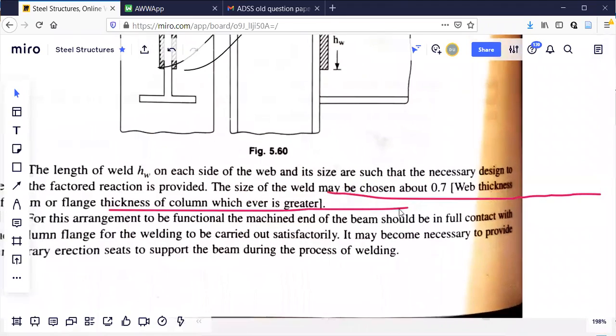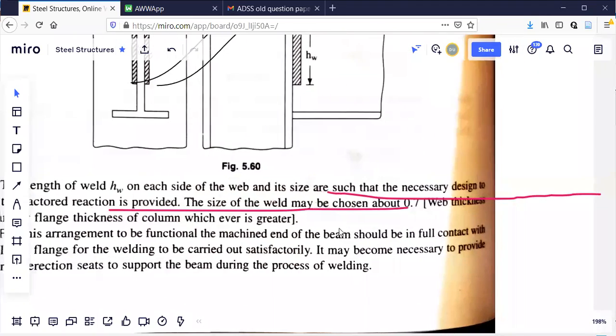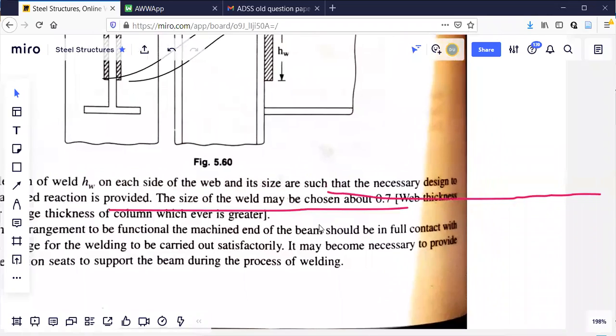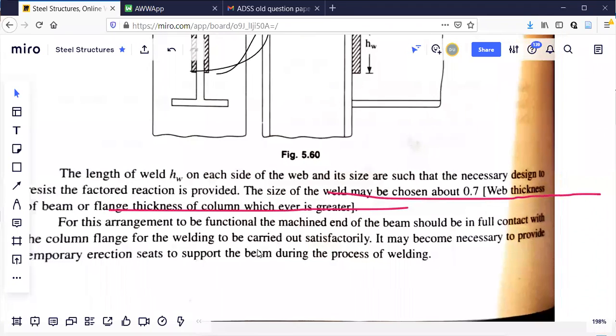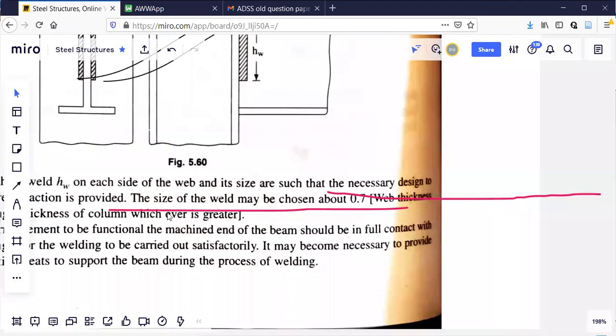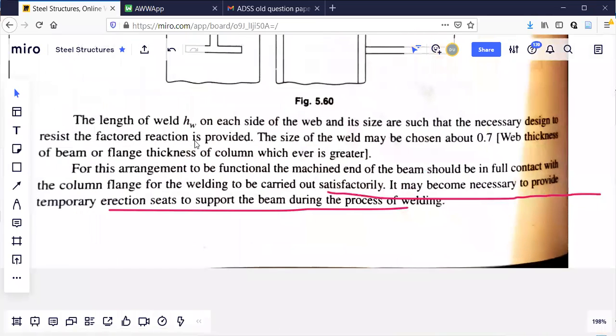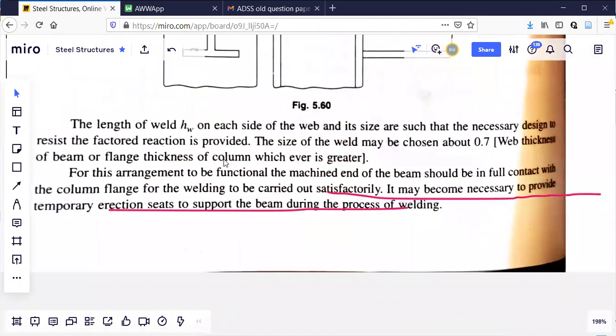You can read this underlined part here. The size of the weld may be chosen as 0.7 of web thickness of beam or flange thickness of column. Very clearly it is given, web thickness of beam or flange thickness of column, because these two are connected.